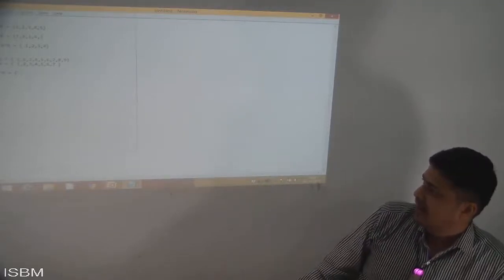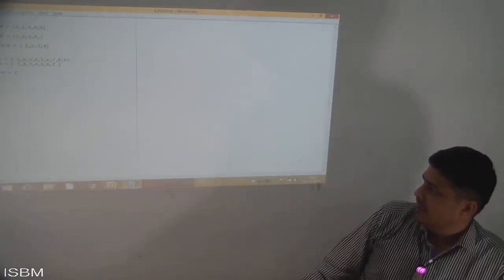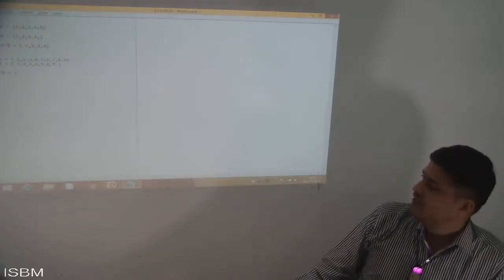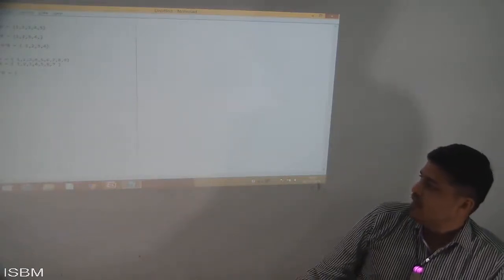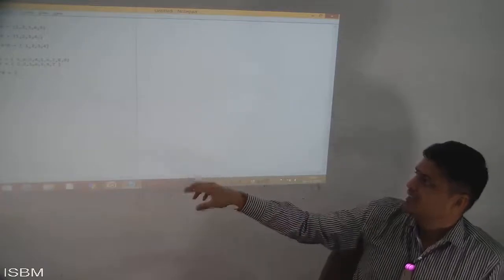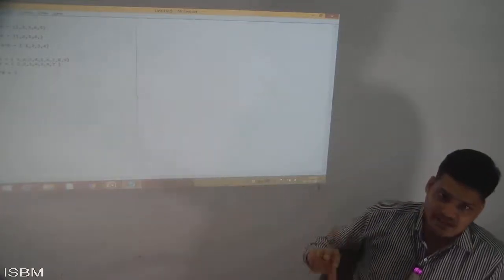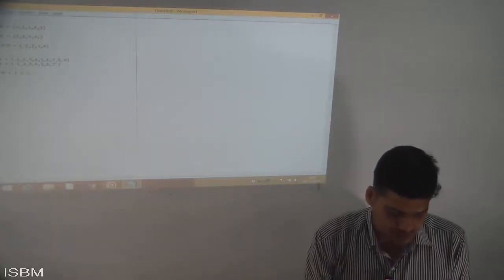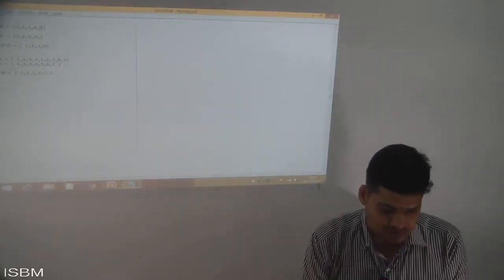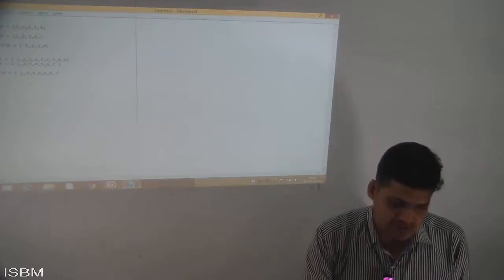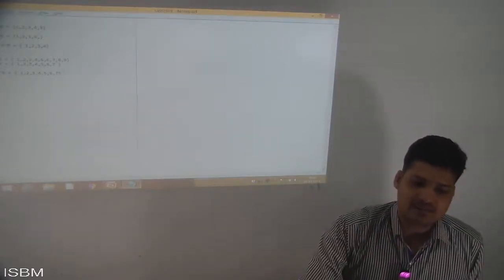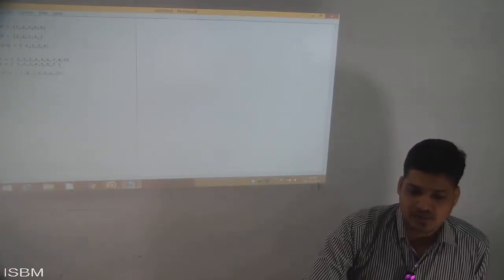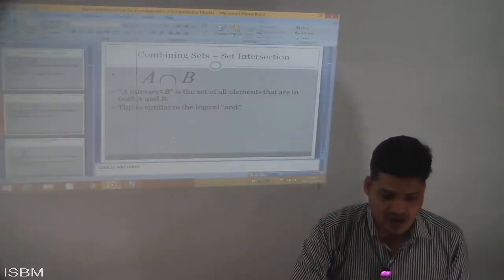In set A we have 1 2 3 4 5 6 7 8 9, and in set B we have 1 2 3 4 5 6 7. So the common elements are 1 2 3 4 5 6 7, which are in both sets. So A intersection B is nothing but 1 2 3 4 5 6 7. This is the common, which is AND.